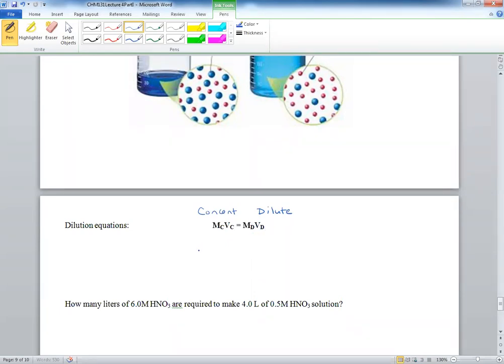Your book usually writes this as M_i V_i, meaning initial, equals M_f V_f, meaning final. So you can start with the concentrated as your initial.